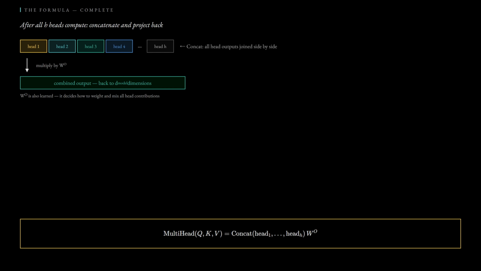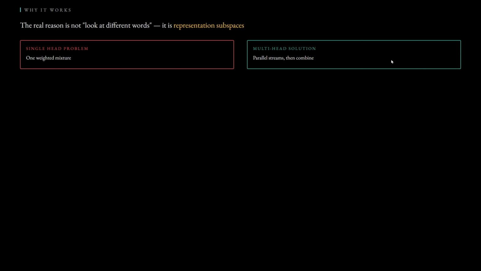Concatenate them, or join their outputs side by side, multiply by the output projection matrix to project the result back to d_model dimensions, and learn how to blend the parallel views. One formula, four operations: project, attend, concatenate, integrate.